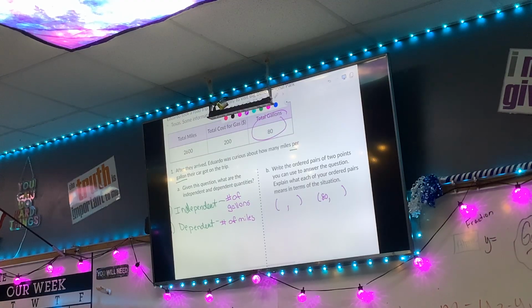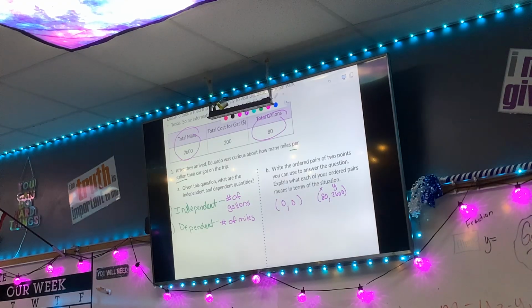And if my dependent, my Y, is number of miles, I know my number of miles is 2,600. So now, if I go 0 miles, how many gallons am I going to use? 0.